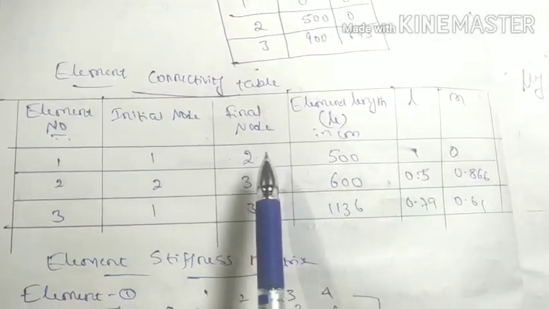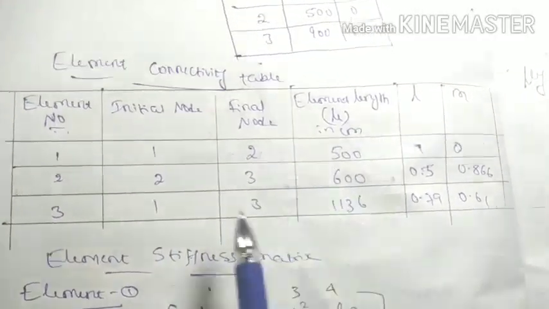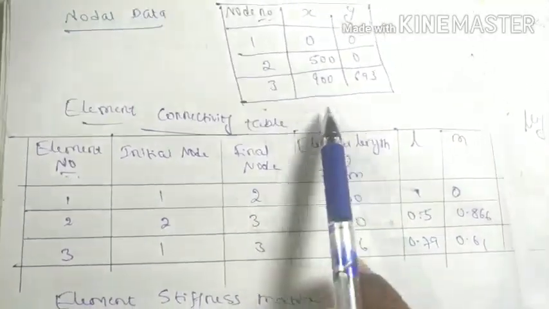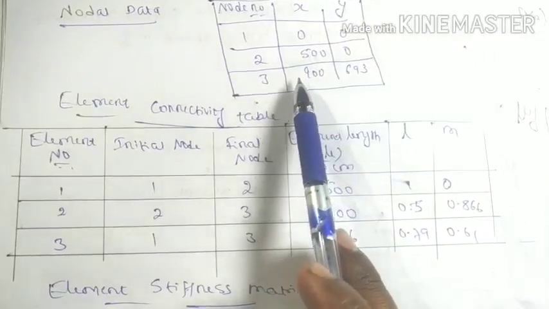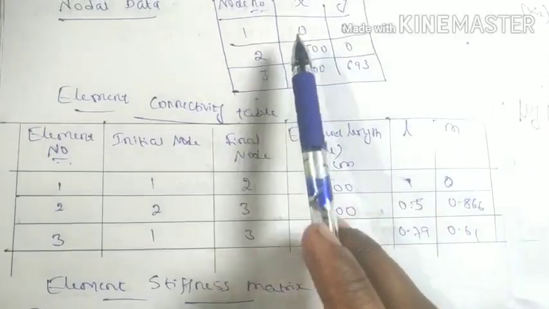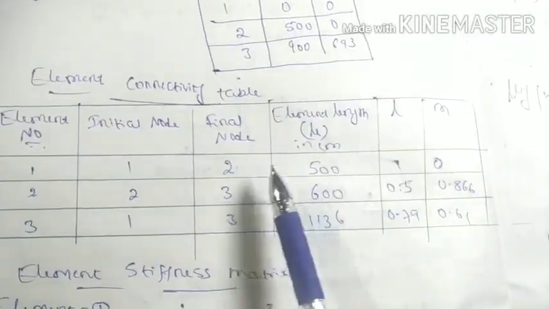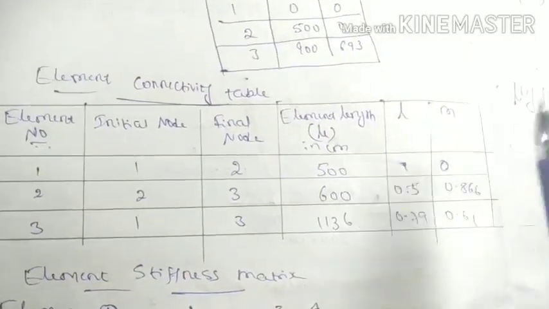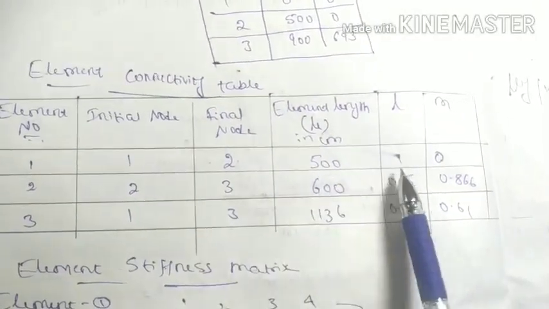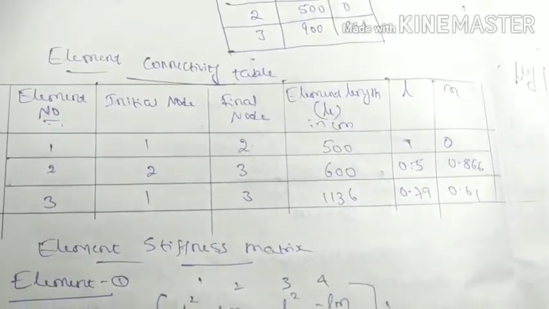L means x2 minus x1 divided by LE1. If you do it, x2 we know 500, 500 minus 0 divided by 500, that is 500 by 500 becomes 1. Similarly m becomes y2 minus y1 divided by LE1, that becomes 0. Similarly we calculated for element 2 and element 3 as usual procedure.